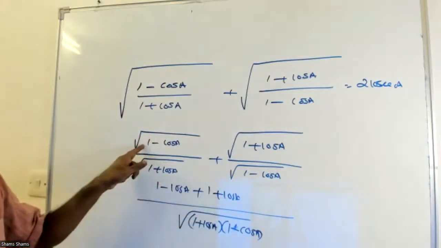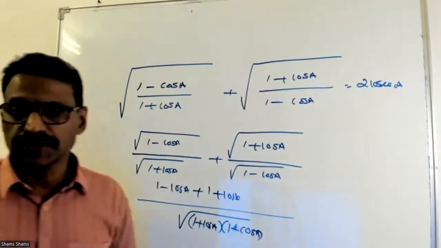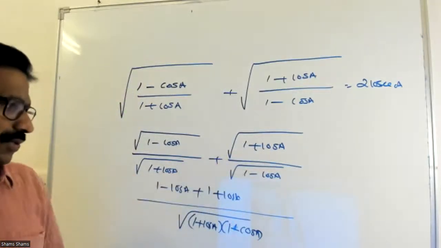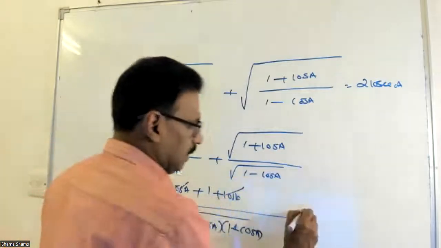This one will be root of 1 minus cos A whole square, that means 1 minus cos A. This is 1 plus cos A whole square, that means 1 plus cos A, cos A cancel.